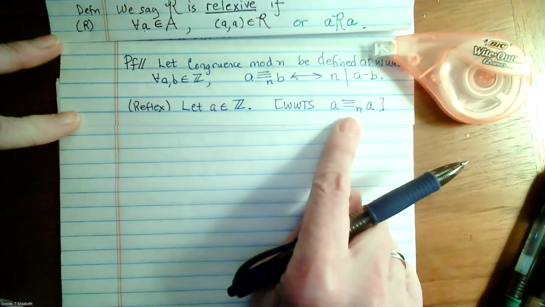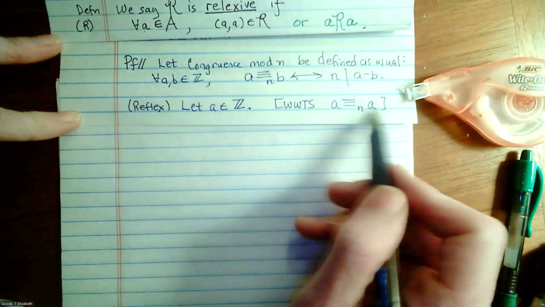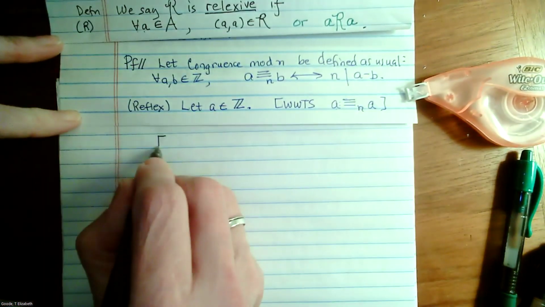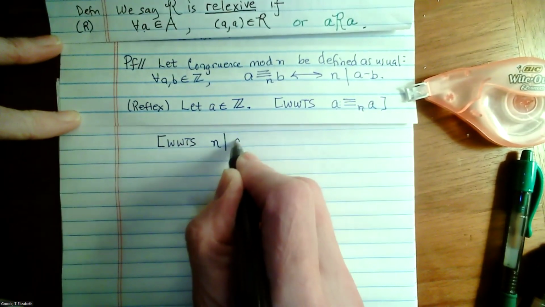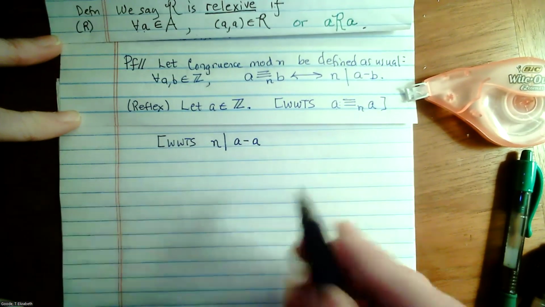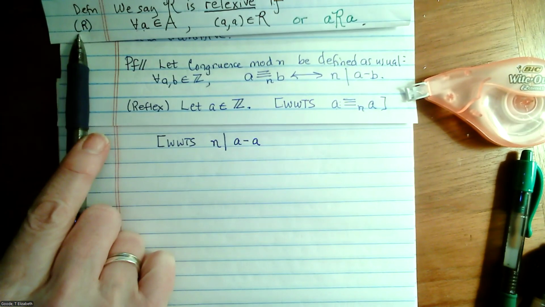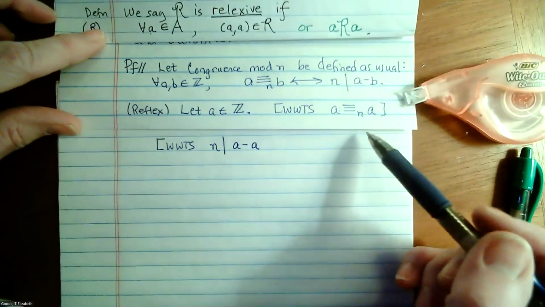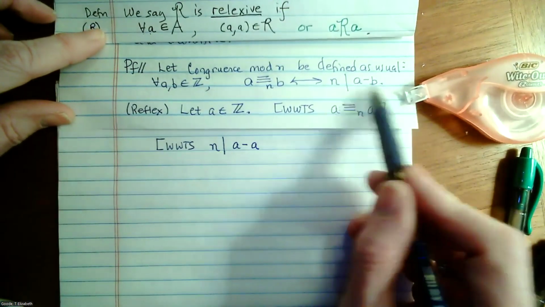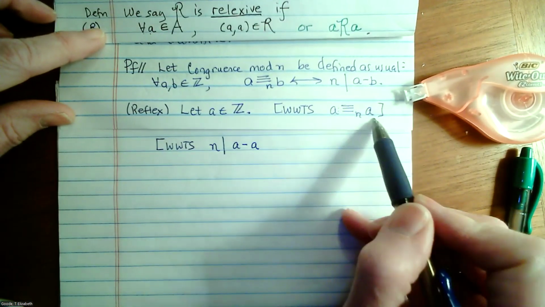But we can unpack that a little bit. Let's think about what this really means. We wish to show that n divides a minus a, because that's what it means to say that a is congruent to itself mod n. That's the definition.